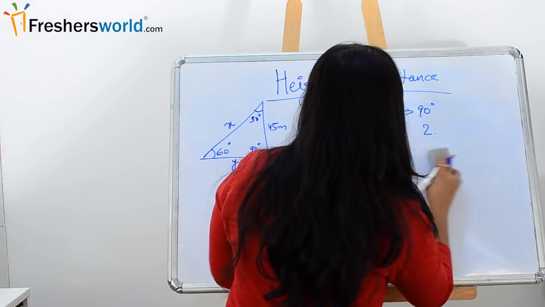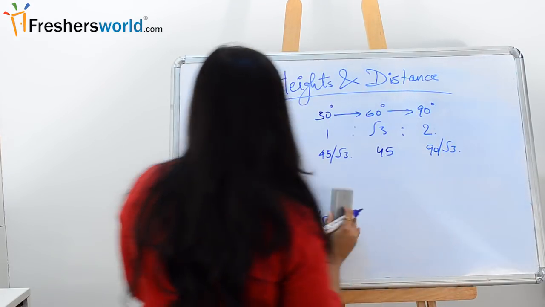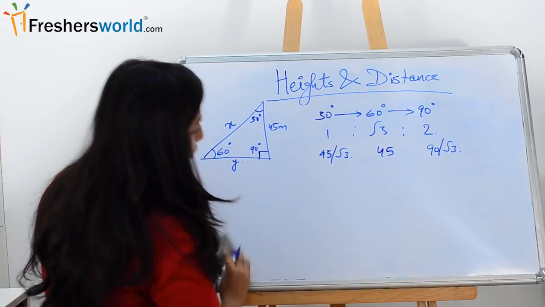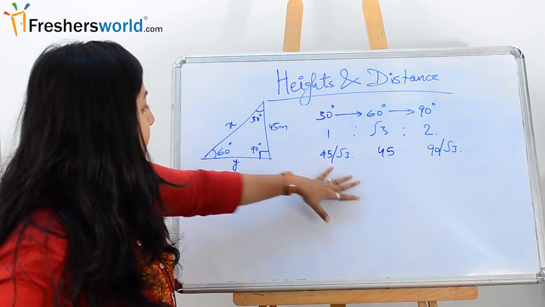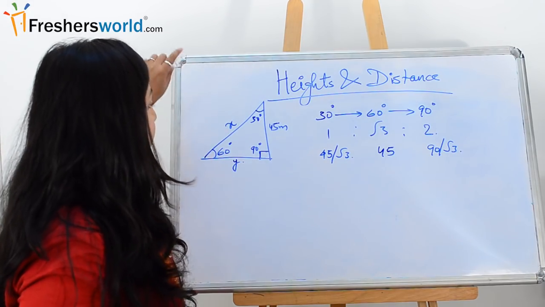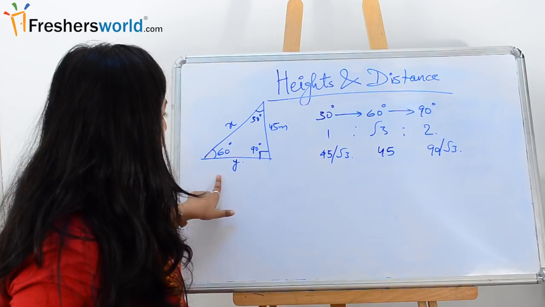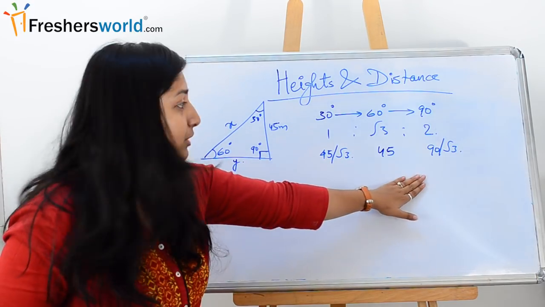So we get here 90 by √3. So you see, just by putting it in this ratio, we got all the three sides. We got y equal to 45 by √3, and we got x equal to 90 by √3, which we required.